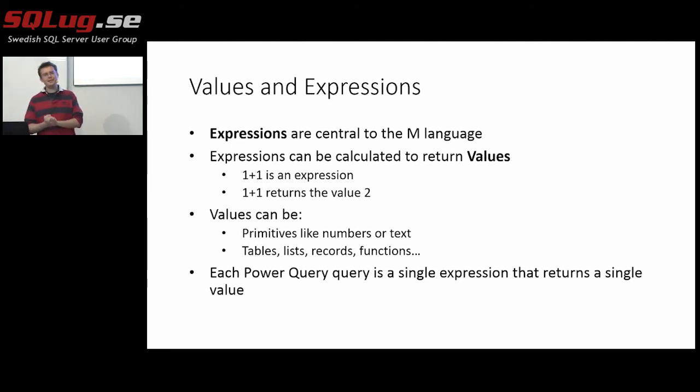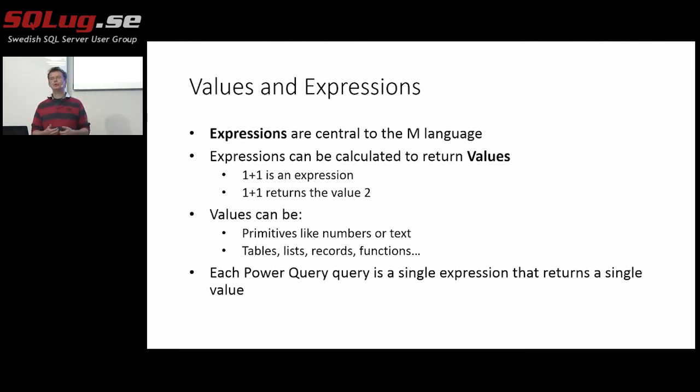All right, so the next thing to learn about M is that an M query is just one expression. That expression is evaluated and it returns a result. It returns a value. And indeed, this is kind of fundamental to M. It's obvious, but it's worth pointing out again.